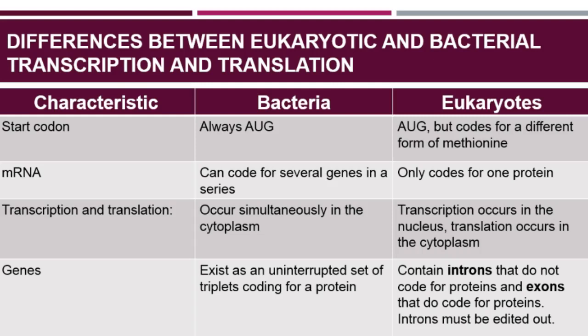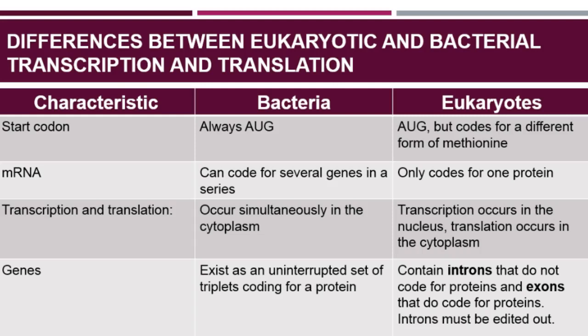And then genes are also a bit different in eukaryotes and prokaryotes or bacteria. In bacteria, genes exist as an uninterrupted set of triplets coding for a protein. So there's no inserted unnecessary material.